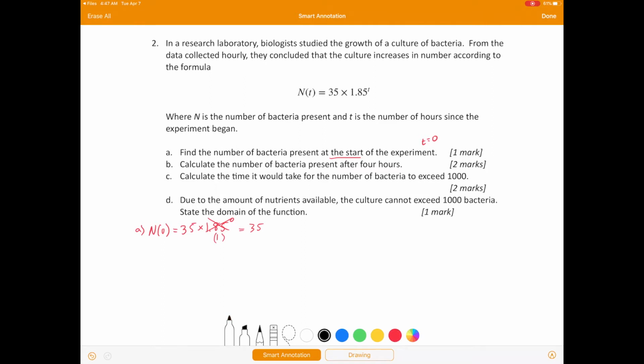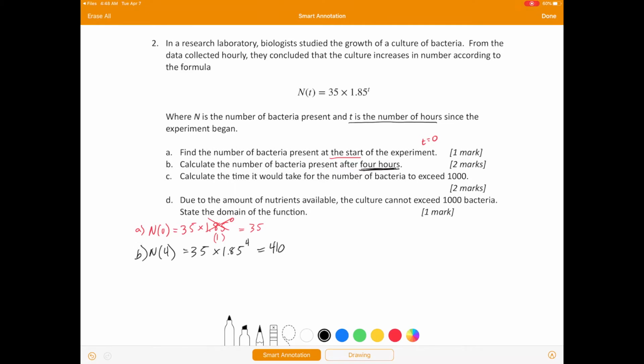Calculate the number of bacteria present after 4 hours. Okay, well, T is the number of hours, so we're going to put 4 hours in for T, and we're going to go N of 4 equals 35 times 1.85 to the 4th, and when we do that, we should get our answer of 410.